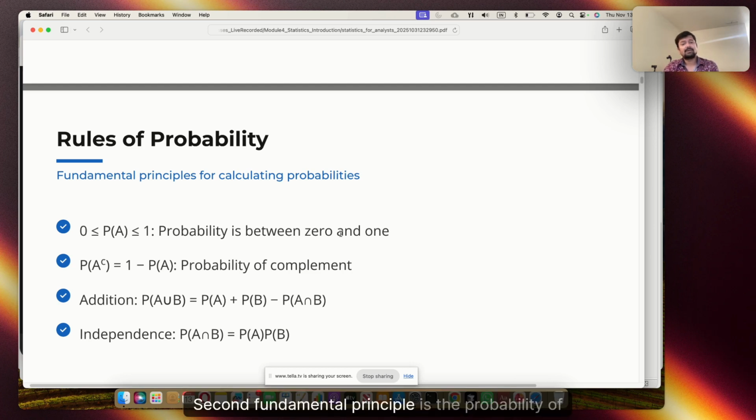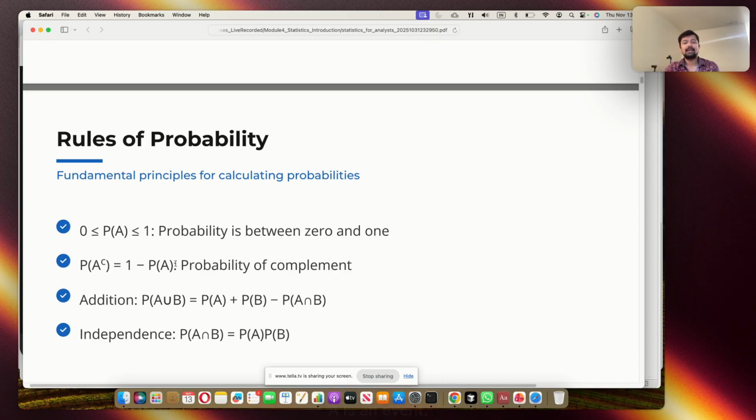The second fundamental principle is the probability of the complement, and that is very important to learn. Let's say A is an event. If A is an event, then what are the chances of that particular event happening? Then A complement, A^c, will be completely opposite to that event.